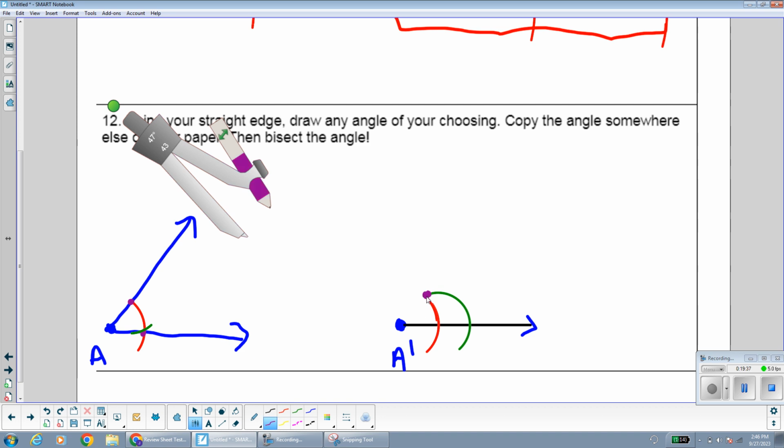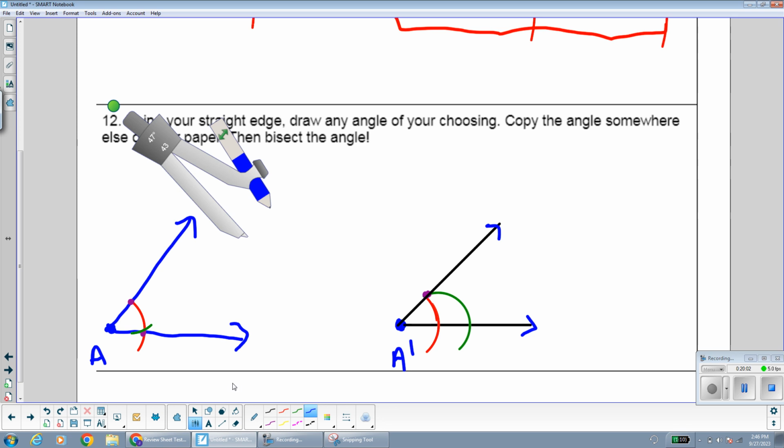But that's why it's better to make your arcs longer at the beginning. I did want to show you that it's okay if you don't see the intersection, you can just go back and extend as long as you find the whole distance that you were using. And then right through that intersection is where you're going to make your second ray. And now we have our angle, and our angle is exactly congruent to the original one.